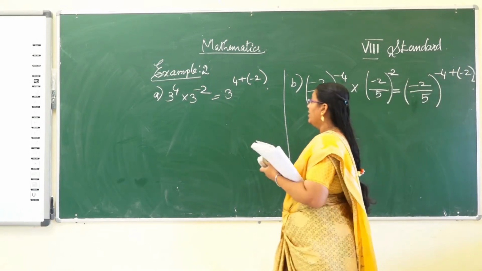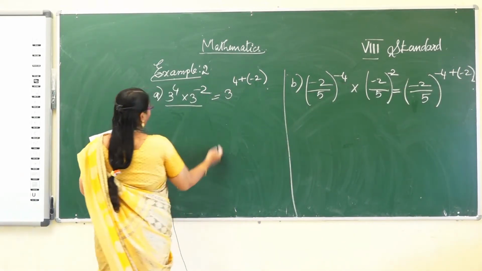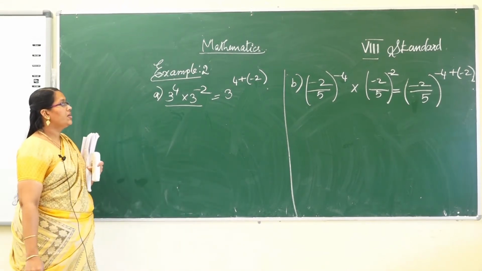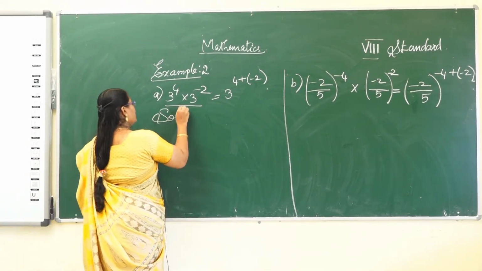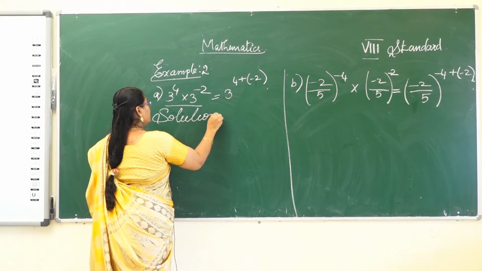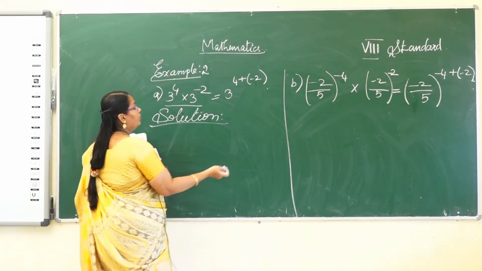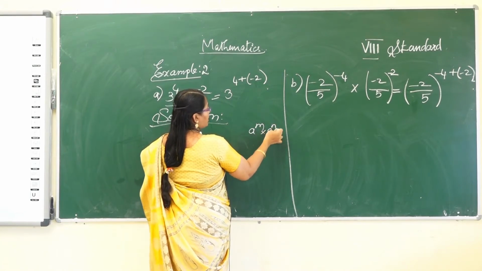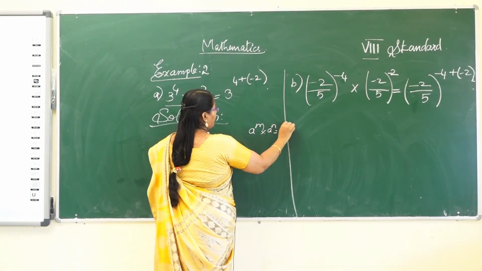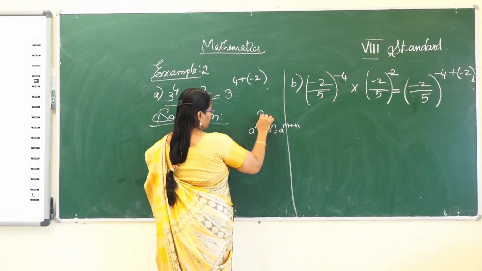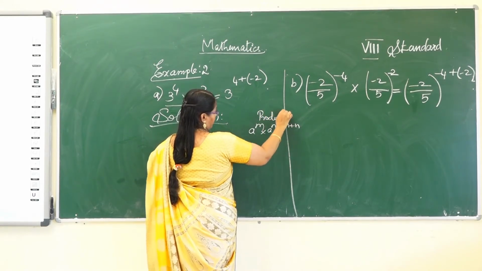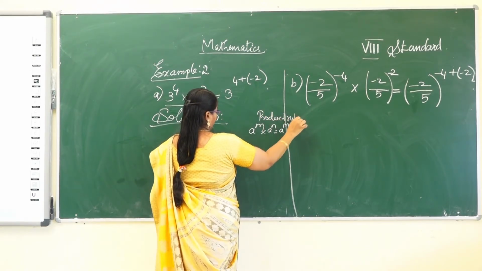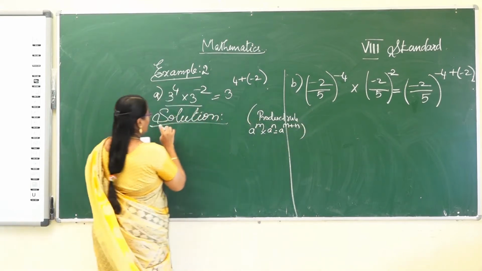See here, the product rule is followed in the first one. What is the product rule? a power m into a power n is equal to a power m plus n. Here apply that rule.